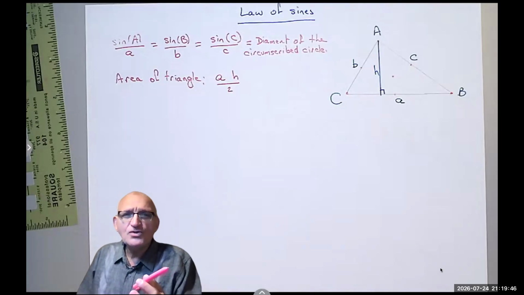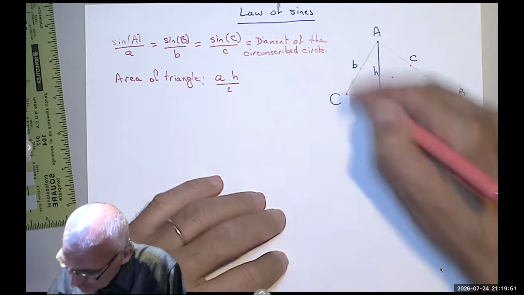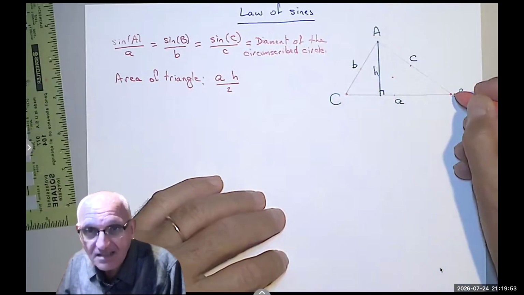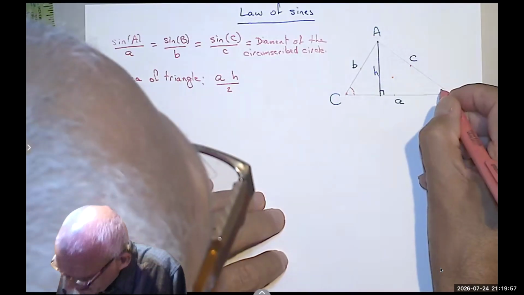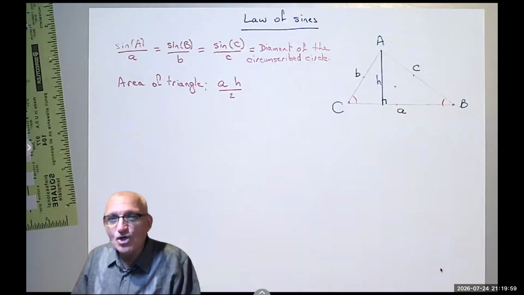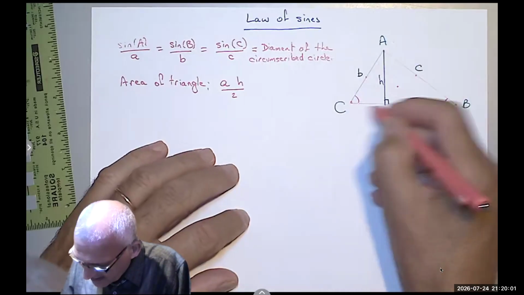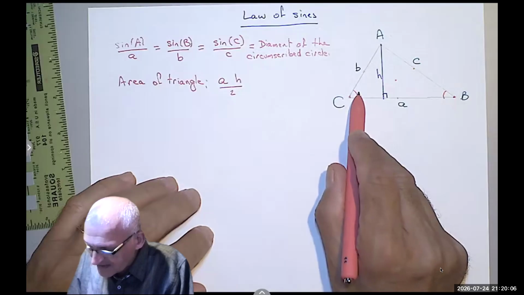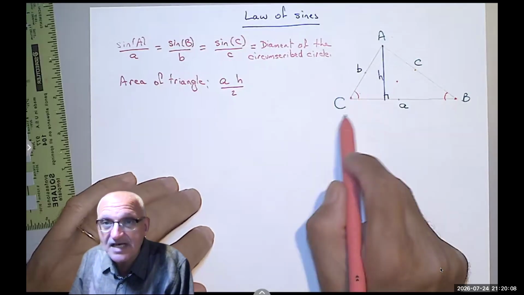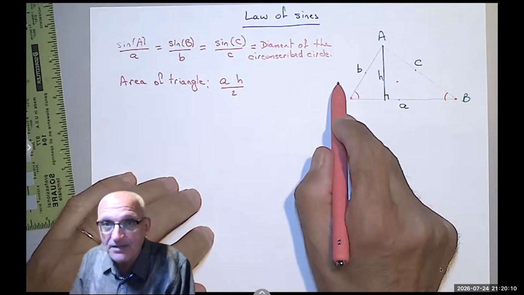And you said, but I don't know the height. Yes, but don't you know b and c? And you know the angle C and the angle B? So in say this triangle, can I get a relationship between the sine of this angle and these sides? The sine is opposite over hypotenuse.